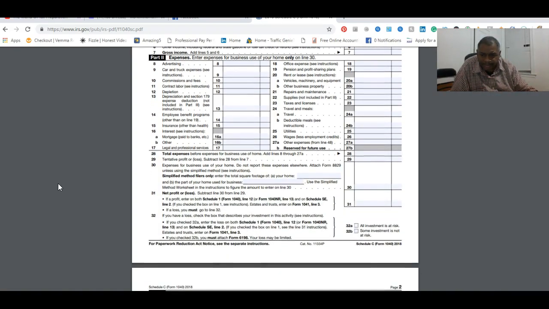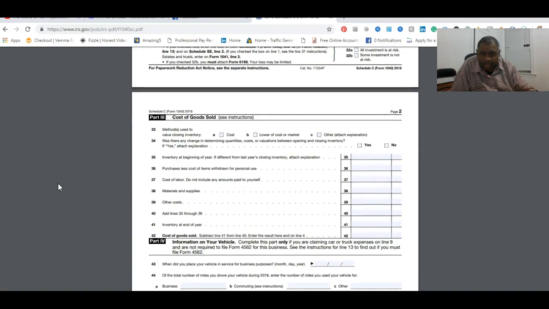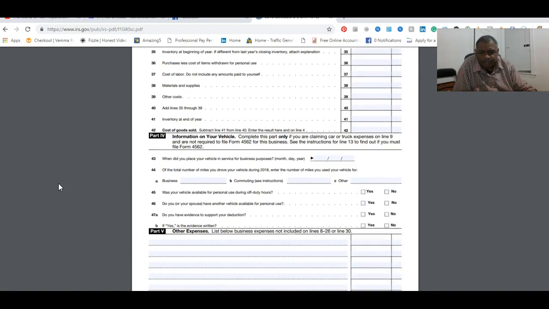The next section that we're talking about, like I said, Part 3, is for cost of goods sold. So that's for people who fall under retail who have inventory. They would fill that section out. Part 4 is information for vehicles.